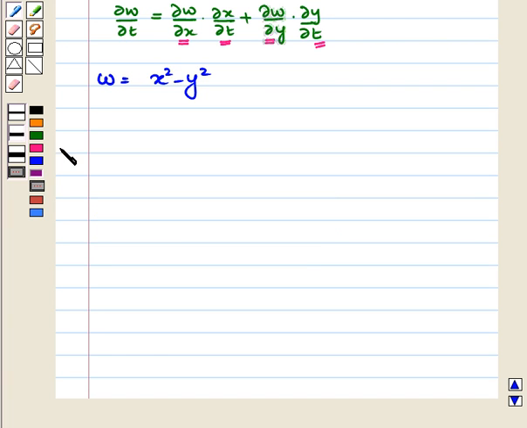Now differentiating W partially with respect to x, treating y as constant, we get ∂W/∂x is equal to 2x minus 0. So ∂W/∂x is equal to 2x.